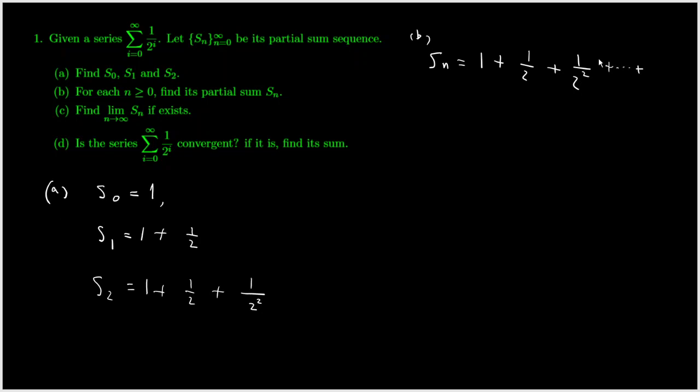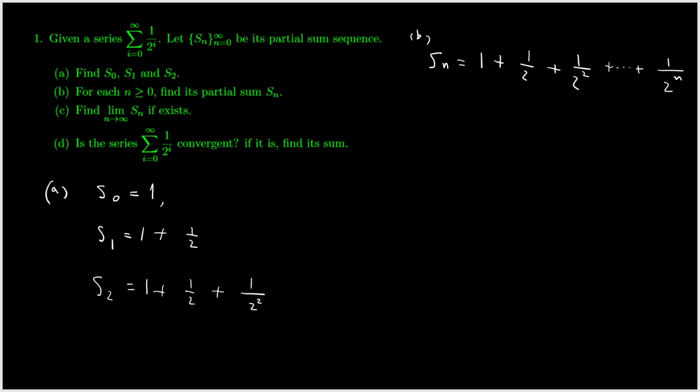Anybody want to tell me the last term? The last term would be 1 over 2 to the power of n. For S2, the first term is 1, the second term is 1/2, the last term is 1 over 2 squared. The same is true for Sn. You just see the pattern from the particular cases.